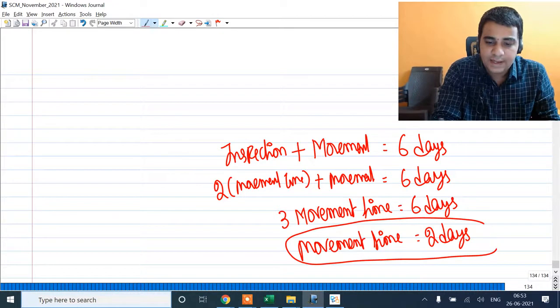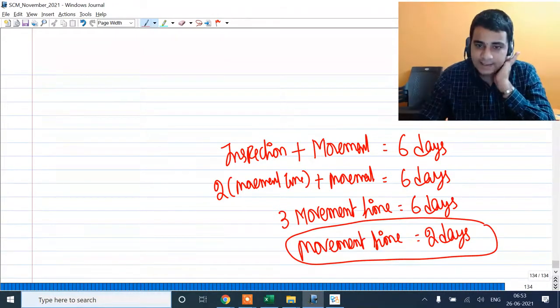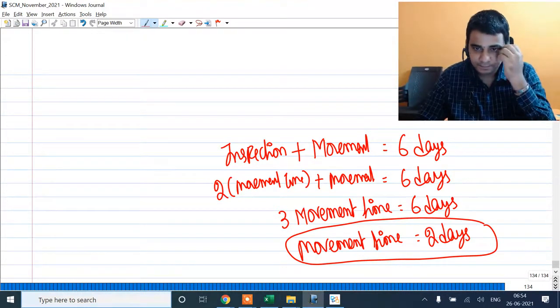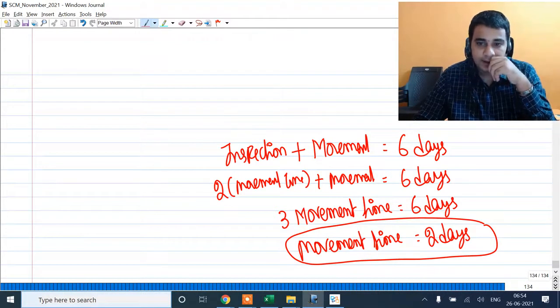Movement time is 2 days, inspection time is 4 days.